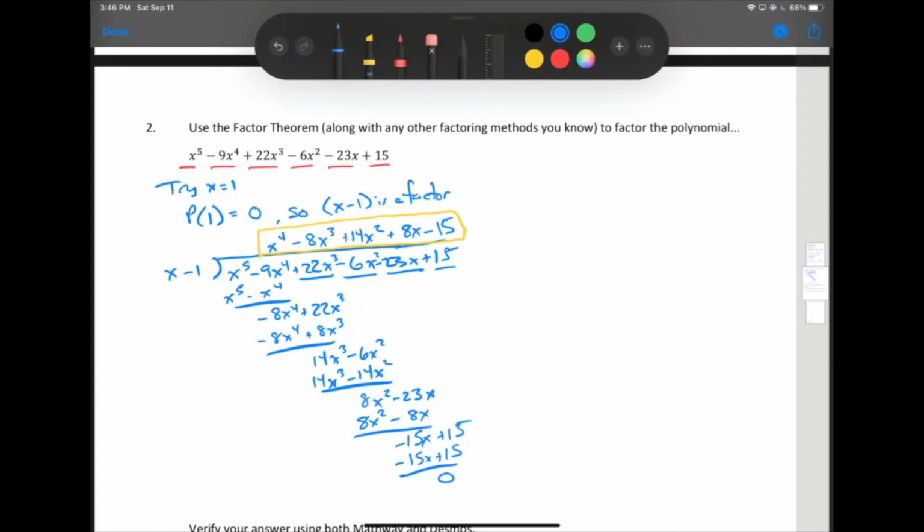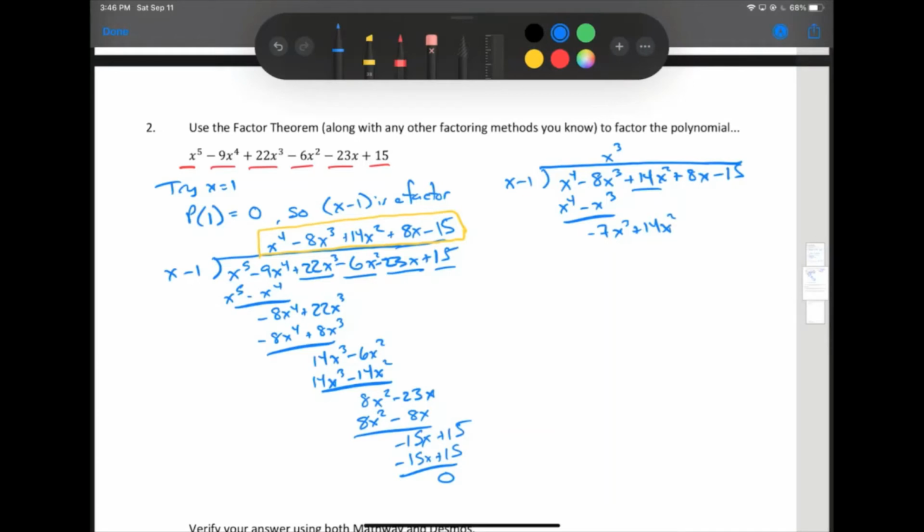But if I take that polynomial now, x to the power of 4 minus 8x cubed plus 14x squared plus 8x minus 15, and I do long division on that, I'm going to get an x cubed, negative 8 plus 1 is negative 7x cubed plus 14x squared.